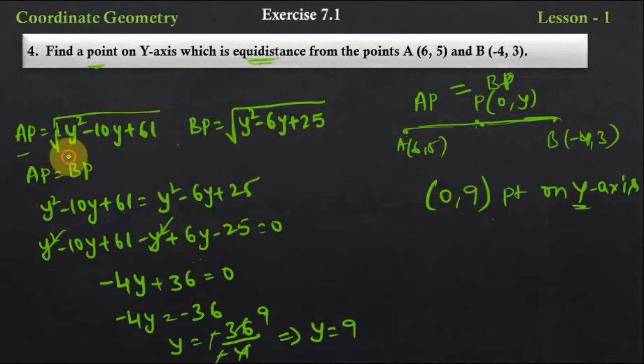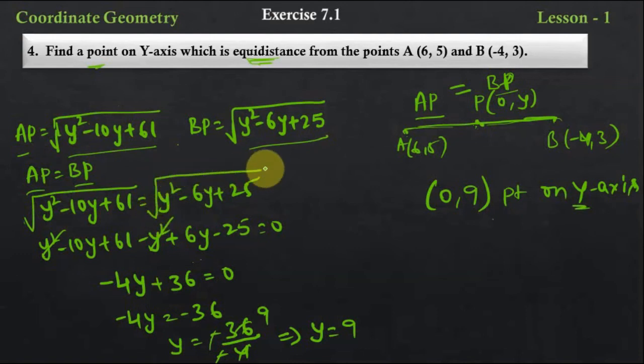This is the value of AP and this is the value of BP, right? So according to the problem, these two distances are equal, therefore I am equating these two distances. So the square root of y square minus 10y plus 61 is equal to BP, which is the square root of y square minus 6y plus 25.